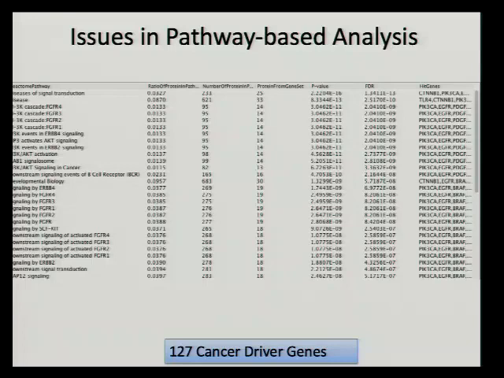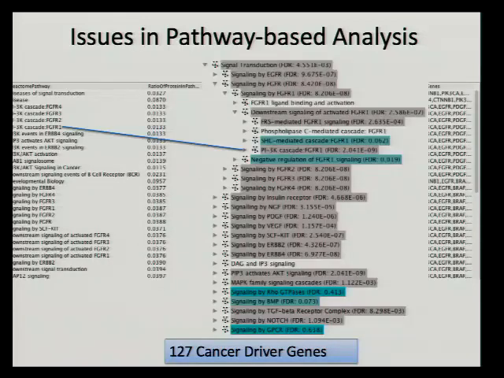For example, the actual output from our enrichment analysis is listed as a table like here for this 127 cancer driver set. But if you just focus on these four pathways, they are actually in the same tree branch. But when you look at the table, you will not really realize what the relationship is. You have to go back to the original hierarchical tree.